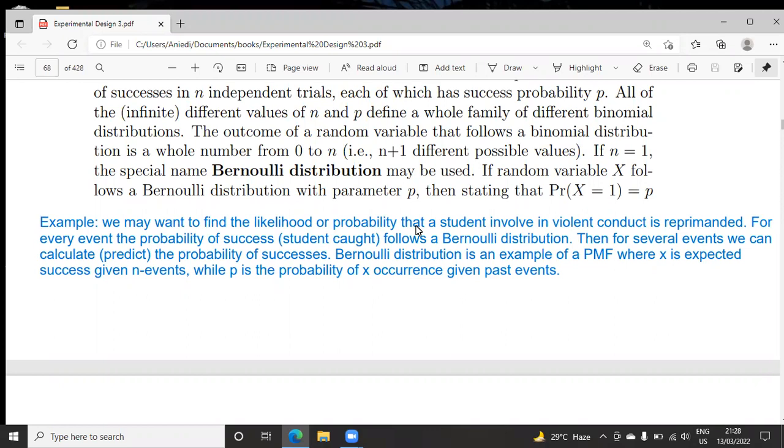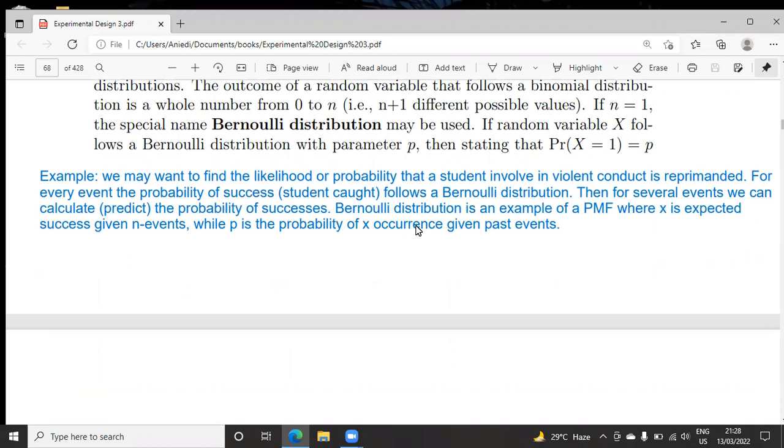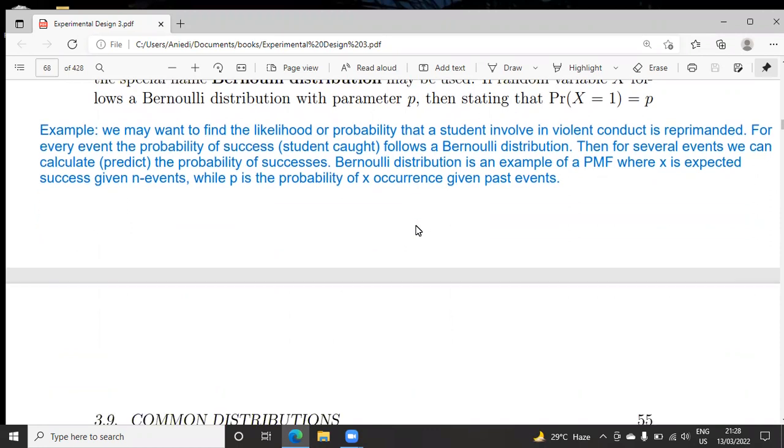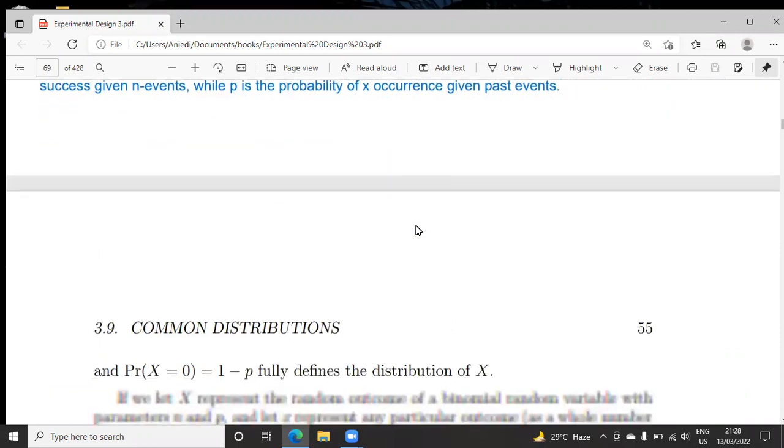Okay, say we have 20 events and we are looking for 20 successes. What is the probability of having 20 successes in 20 events? Or what's the probability of having at least 19 successes in 20 violent events, as in reprimanding students involved in the violent acts?